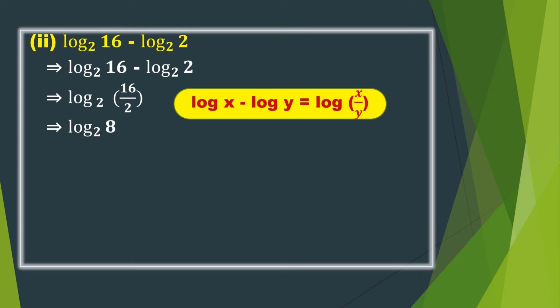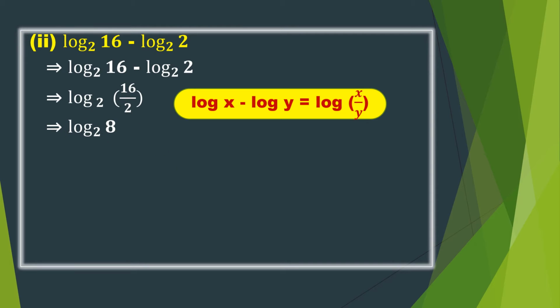Now here if you observe, 8 I can write as 2 cube, right? Because if you see here log 8 base 2, you cannot write any formula. So here 2 is there, so this 8 can be written in terms of 2 as 2 cube. Then we can substitute 2 cube instead of 8.